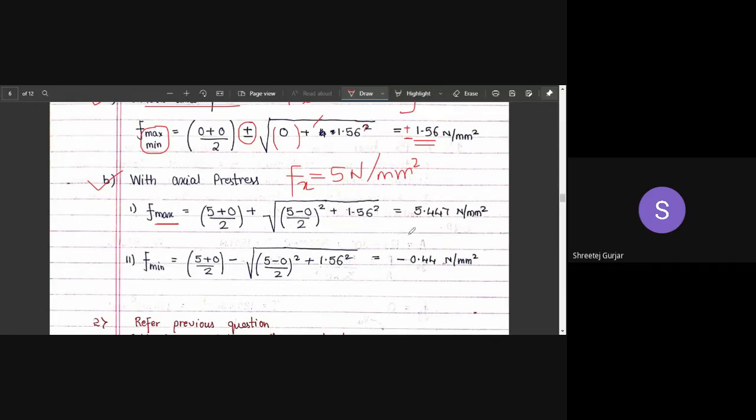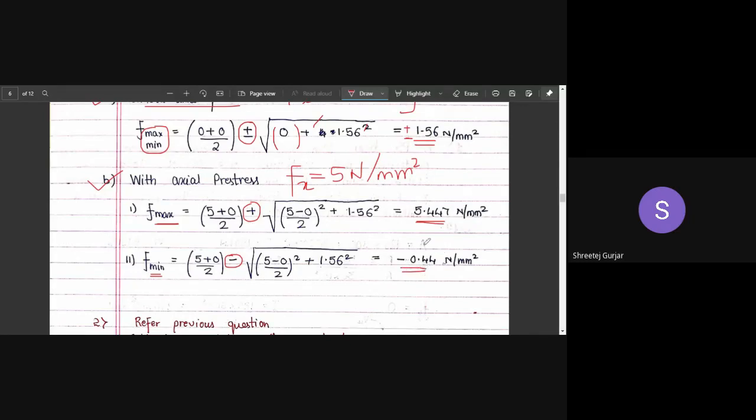The value of this is 5.447 Newton per mm squared. Now, F minimum: the same thing you have to substitute, just this plus will become minus, rest all things are same. You will get minus 0.44.